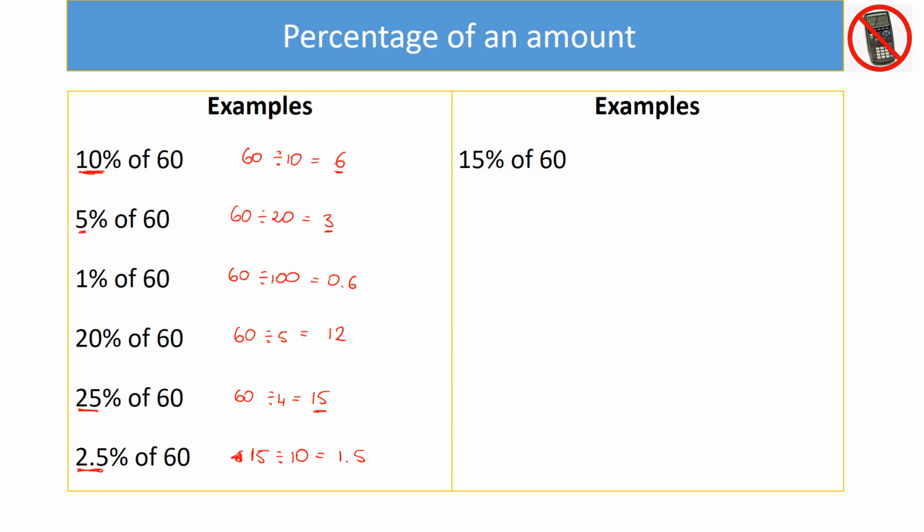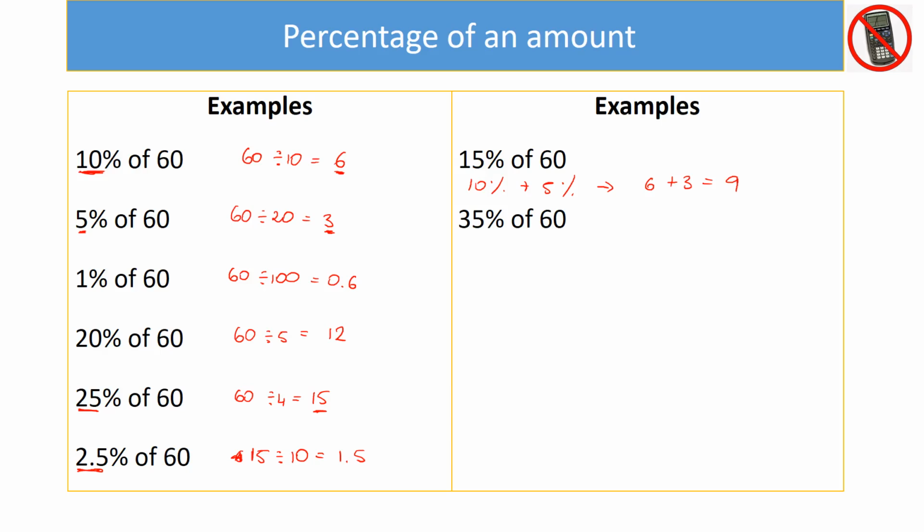Okay, so if I add 6 and 3, I get 9, which is 15% of 60. So to get 15%, I can add 10% plus 5%, which is 6 plus 3, which gives us 9.